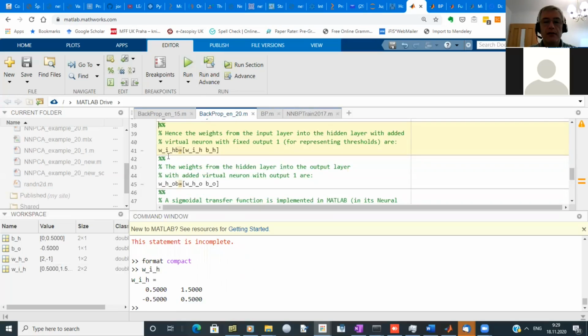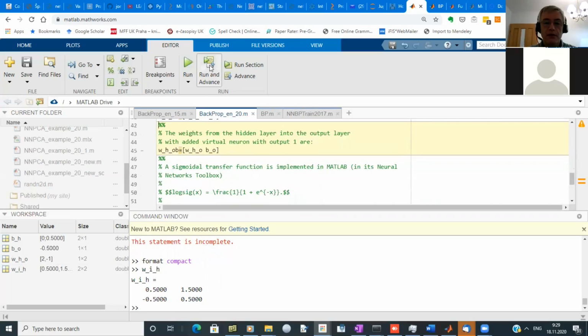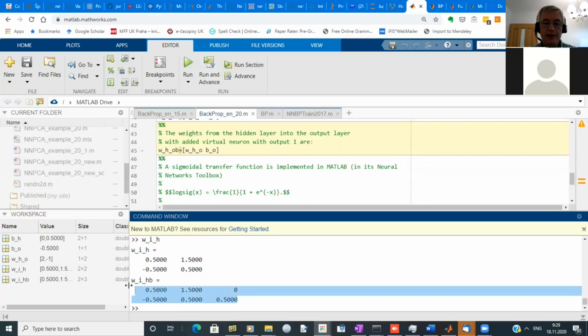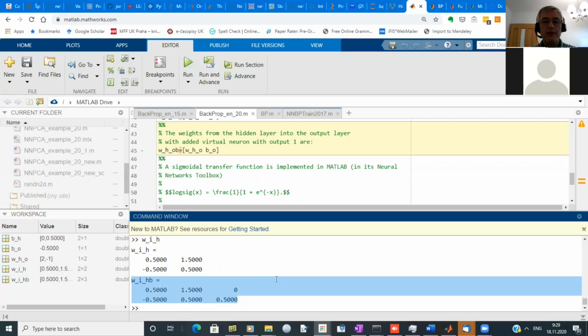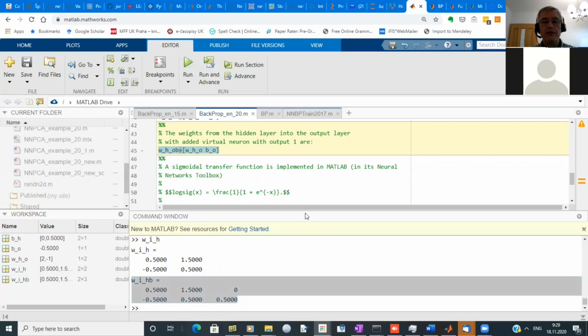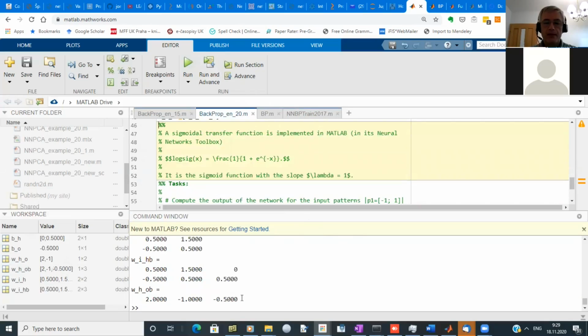And we concatenate the weights between the input and hidden layer and biases of the hidden neurons. We obtain the extended weight matrix. So this is the weight matrix between the input and hidden layer, including the biases. And similarly, we will do that for the weights of the output neuron. So we add the bias as the last weight. So we have it.